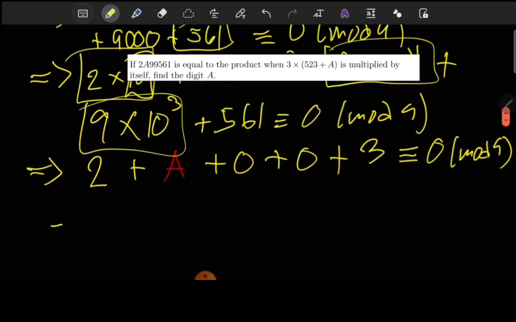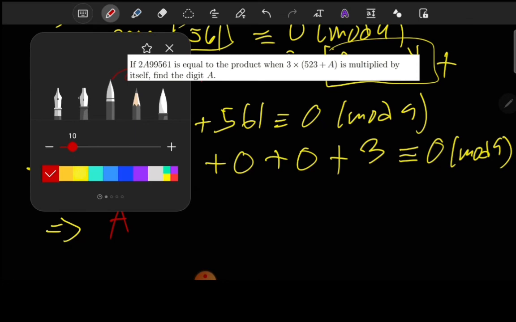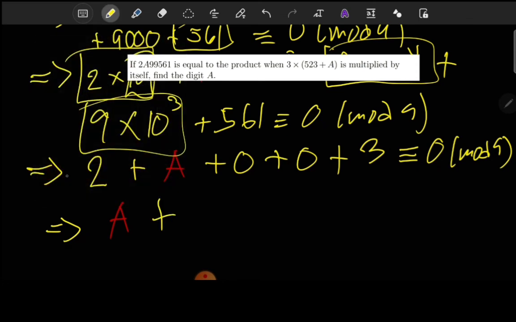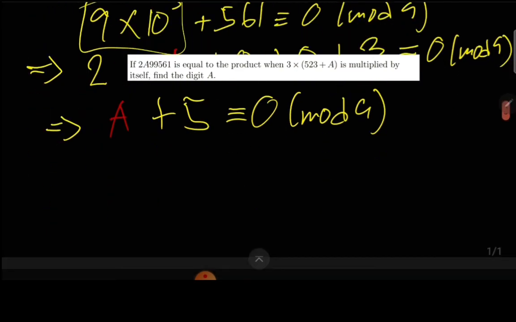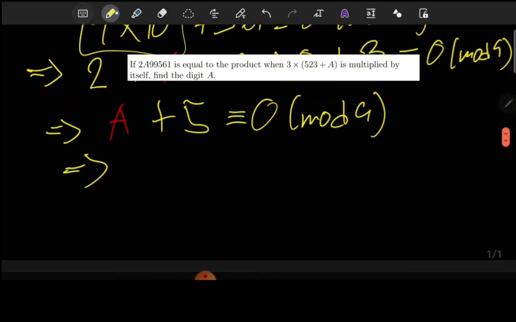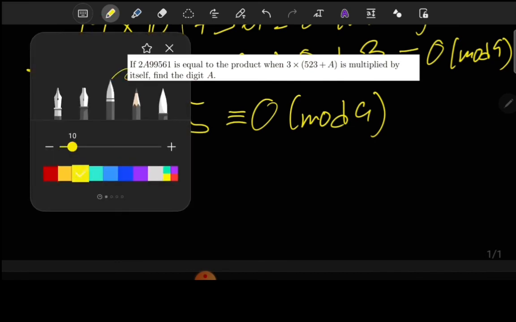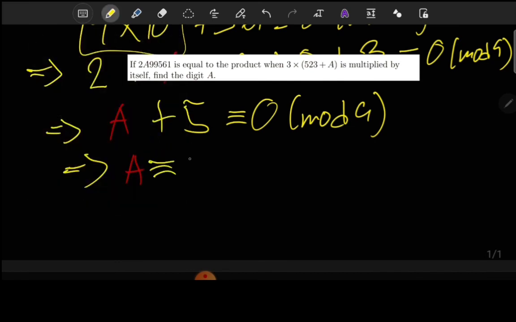Next, we're going to squeeze the whole thing. So we have a plus 2 plus 3, which is 5, congruent to 0 modulo 9. Finally, if we isolate a, it becomes a congruent to negative 5 modulo 9.